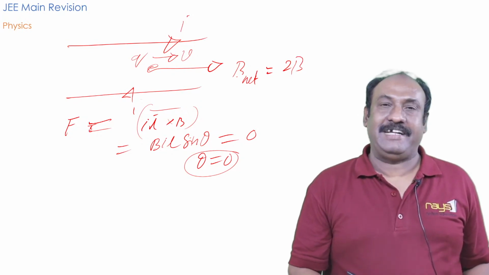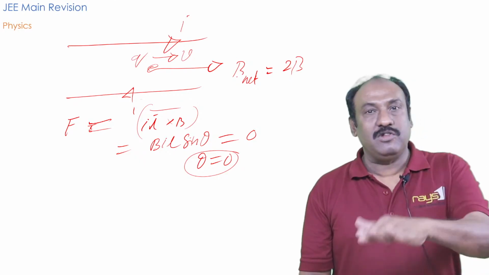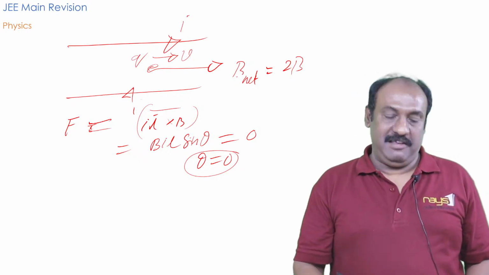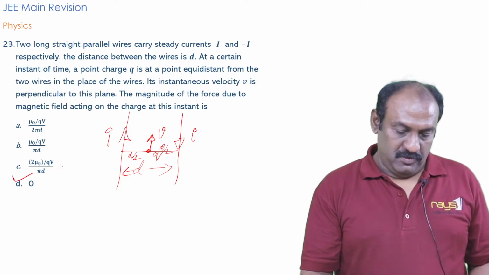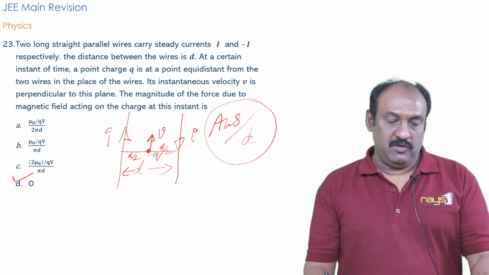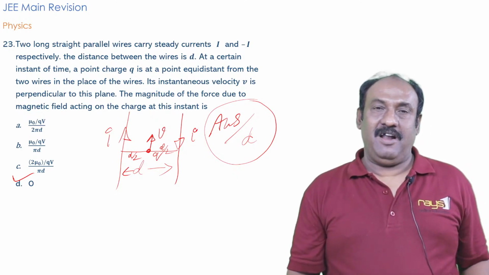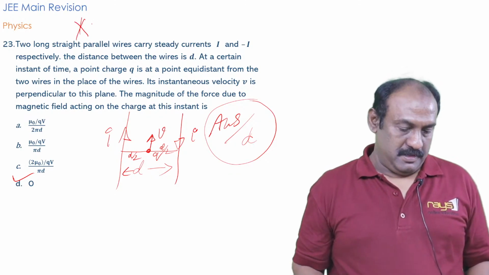So, the force acting on the particle by these two magnetic fields due to the currents in opposite direction is 0. So, for question number 23, the answer is 0. The answer is D. It is also another logic based and standard question from this chapter. Next question.